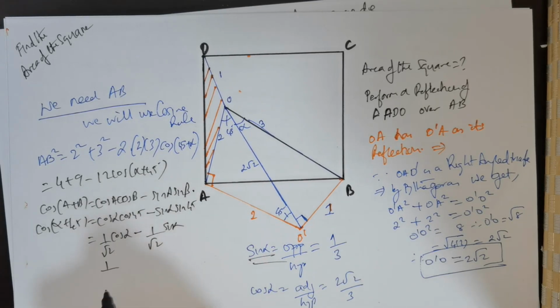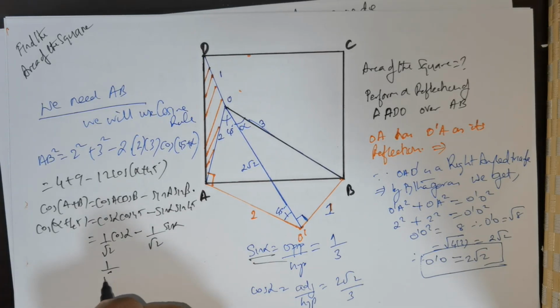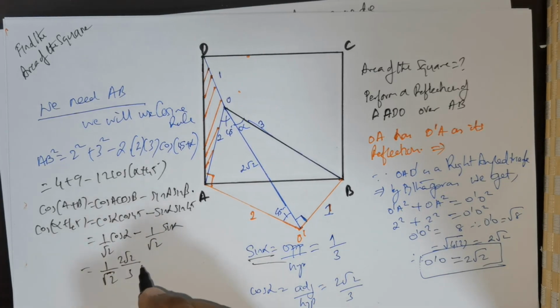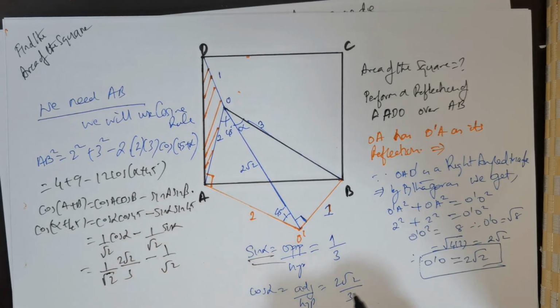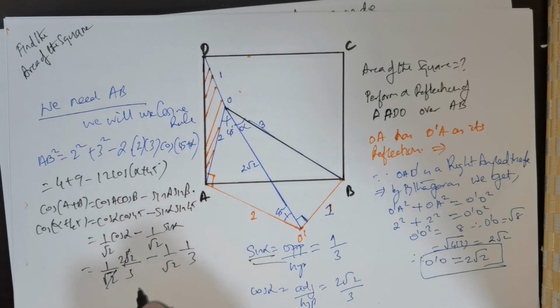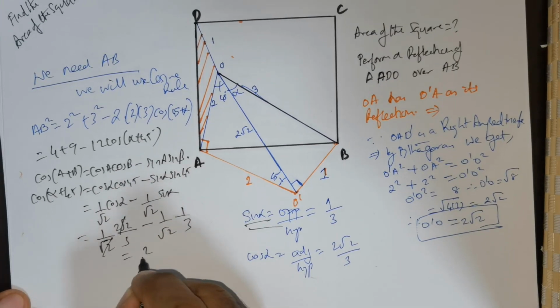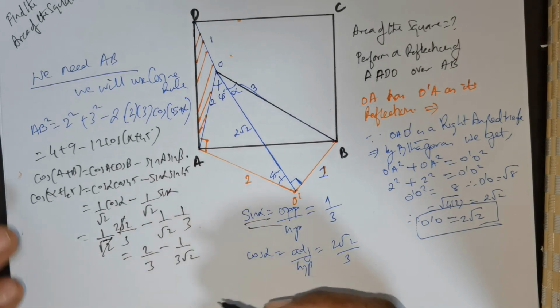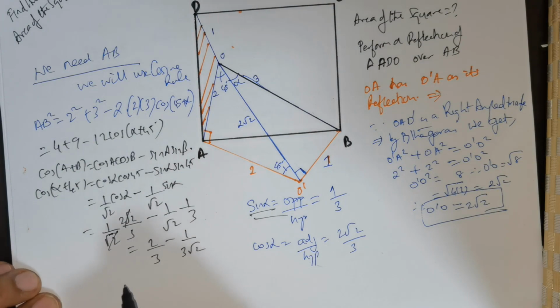Place that. So 1 over root 2 times this is going to be 2 times root 2 divided by 3, that's because of the presence of cos alpha. Negative 1 over root 2, sin alpha is 1 over 3. So root 2 gets cancelled, giving me 2 over 3 negative 1 over 3 times root 2.